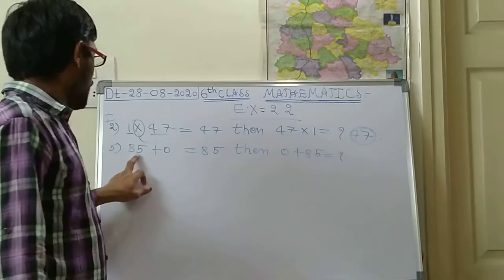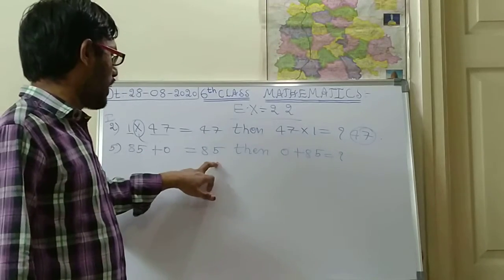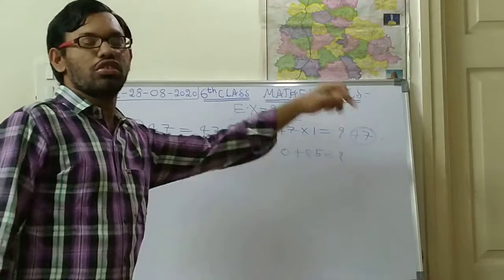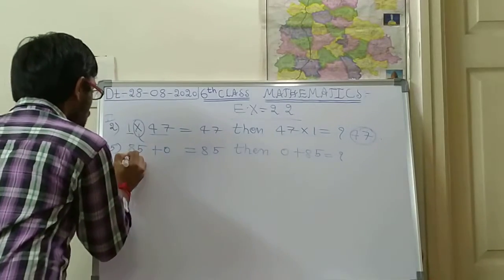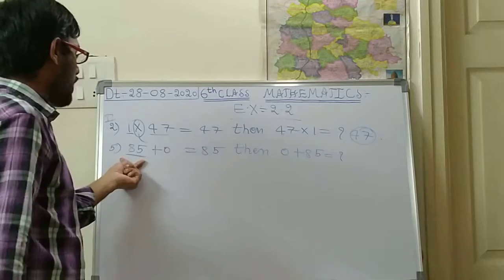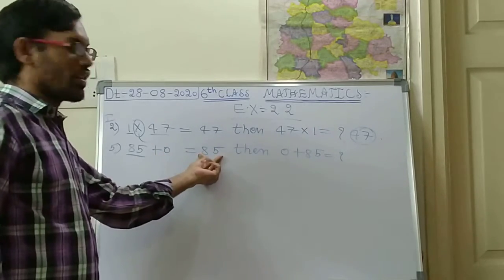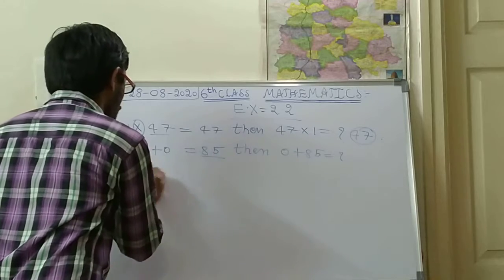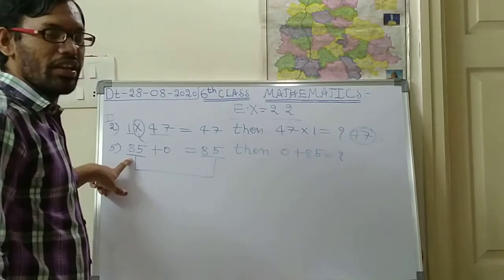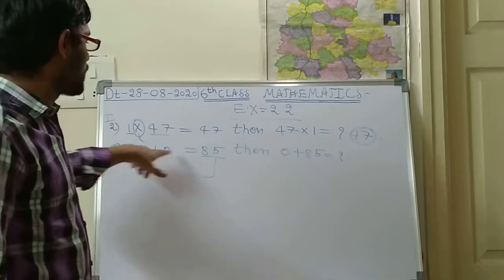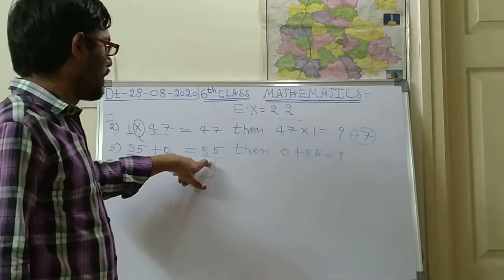Okay, 85 plus 0 is equal to 85. Then 0 plus 85 is equal to how much? Here also same, I am taking one whole number and adding it with 0. So what is the result? The same whole number is coming, whatever the number we have taken in the LHS part. So the same whole number is coming in the result.